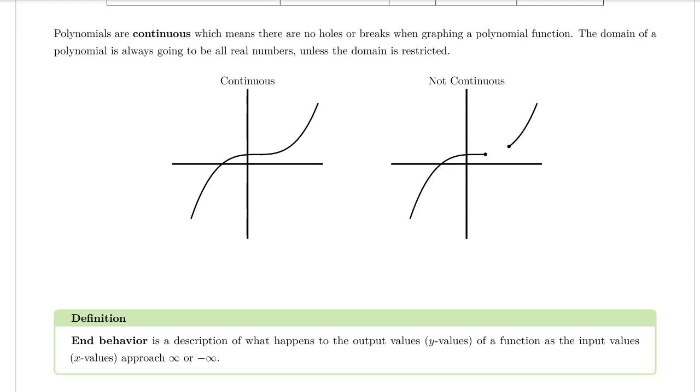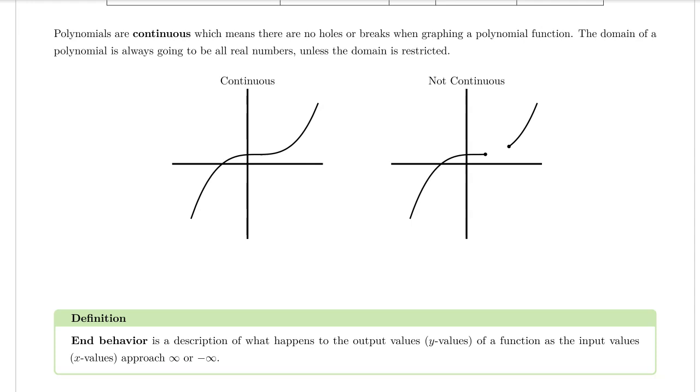Polynomials are continuous, which means that there are no holes or breaks when graphing a polynomial function. The domain of a polynomial is always going to be all real numbers unless the domain is restricted. A more intuitive definition for continuous is, if you're drawing the function's graph, you don't need to pick up your pen or pencil to draw the graph in its entirety.